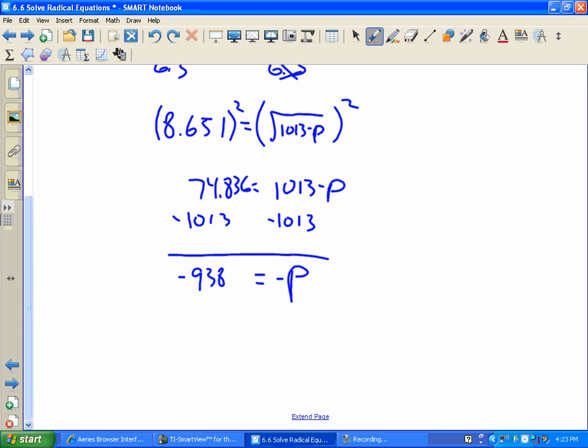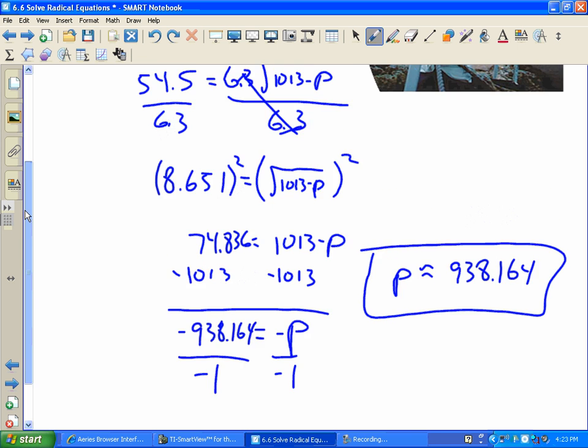Negative 938.164. Well, I have a negative and a negative. Divide both sides of that equation by negative 1. And P is going to be approximately, because this is a decimal we've rounded, 938.164.